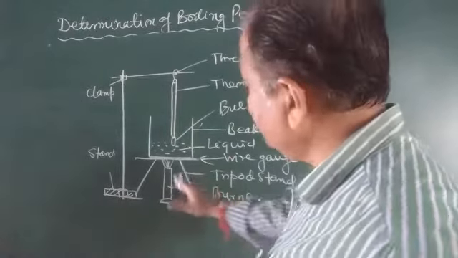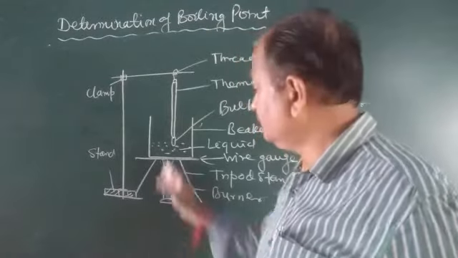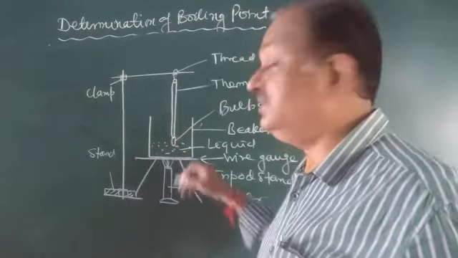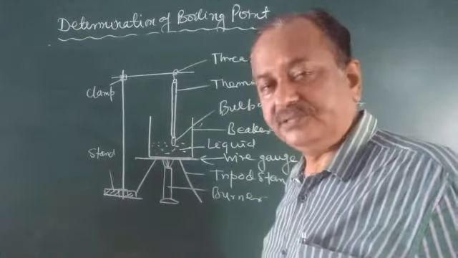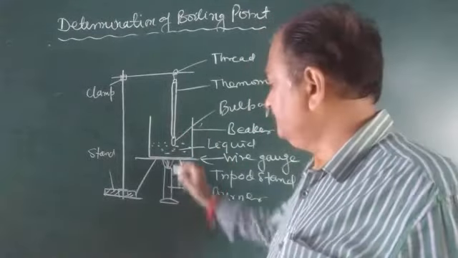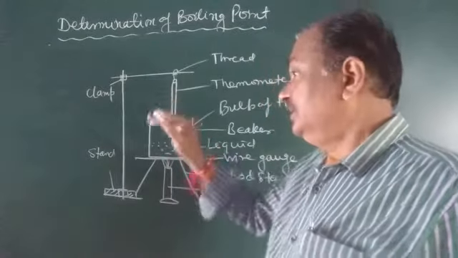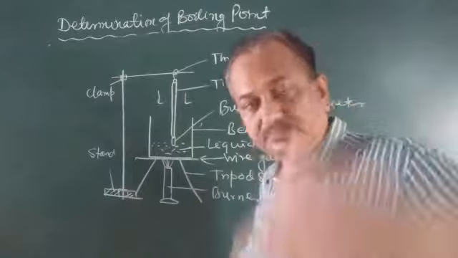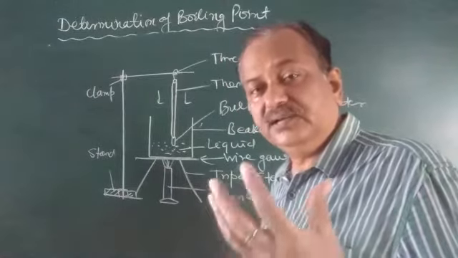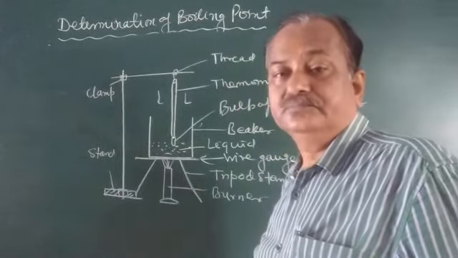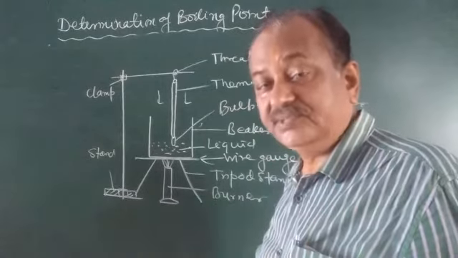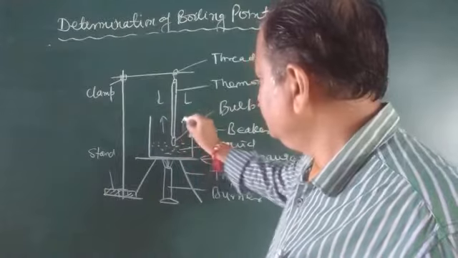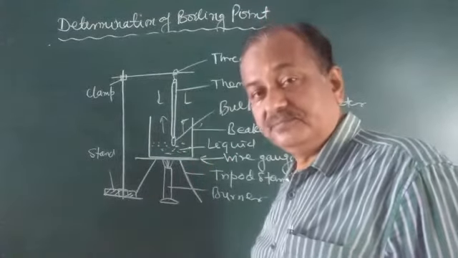When we start heating, what happens? The liquid will gain heat, and its temperature will rise, and the liquid will be converted into vapors. But the atmospheric pressure is pushing the vapor. So when the liquid reaches the boiling point, the vapor pressure and the atmospheric pressure are equal.